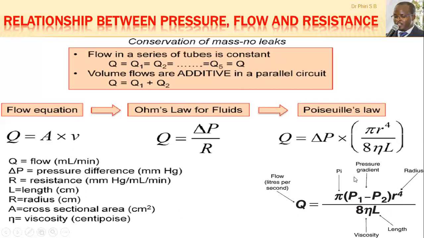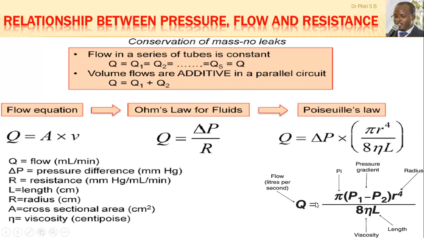Once I give you some questions, they could be true or false questions. If you know this equation, then you'll be able to answer. Sometimes I can ask you, when you have an increase in viscosity, that will result in an increase in blood flow, true or false. That becomes false. Why? It's because viscosity is inversely proportional to the blood flow.